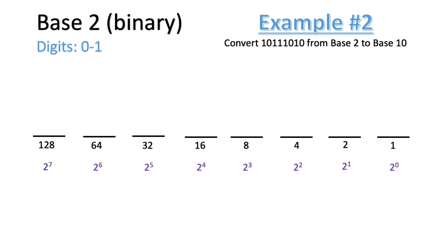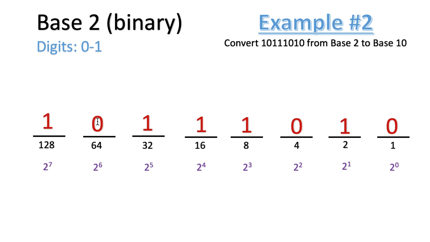Example 2. We're given a number in a base that's not our base 10 system, and we're going to convert it to base 10. So this one asks, convert this number 101111010 from base 2 to base 10. So let's fill out those 1s and 0s and drop them into their place values in base 2. So that's what we have. And so now we see that we have 128 block.